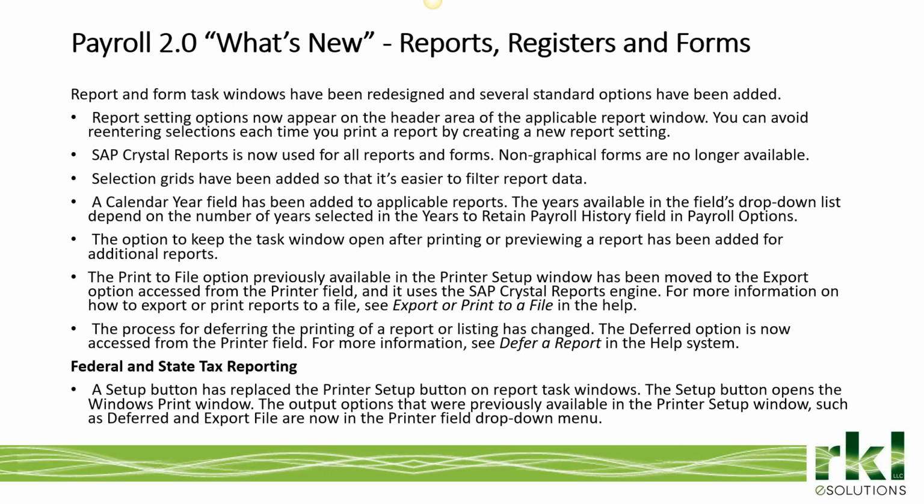Reports, registers, and forms. Obviously, with the re-architecting of the payroll module, Sage has done a lot of work in re-architecting the reports themselves, not only to make them more user-friendly, but also to stay compliant with reporting requirements. There is something called personally identifiable information, PII.